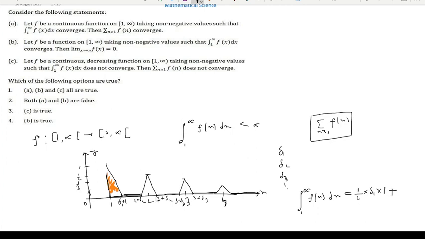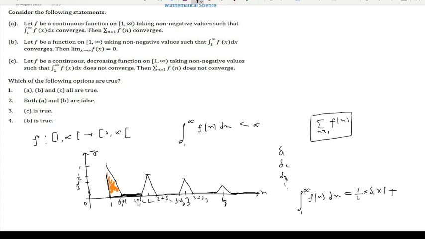Then plus, in this position, from 1 plus delta 1 to 2 minus delta 2, the value is 0, so this doesn't give any value. Then from 2 minus delta 2 to 2 plus delta 2, we will get a value for the area.